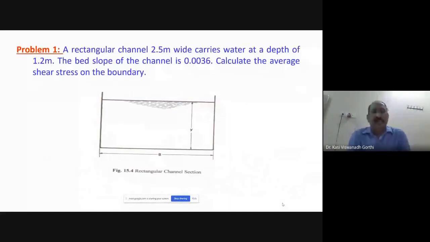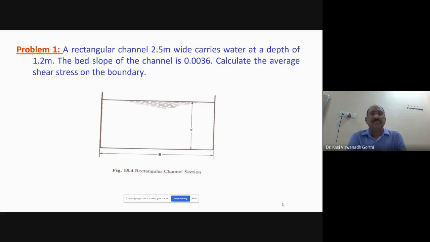Some problems are similar in nature, but still we try to work out as many problems as possible in today's class. The idea is that you should get practice, and secondly, the problems are of different varieties. In some problems we may calculate the longitudinal slope, in another the velocity, in another the side slope, and so on. The governing equations are the same, Manning's equation and Chezy's. These are the two things that we use.